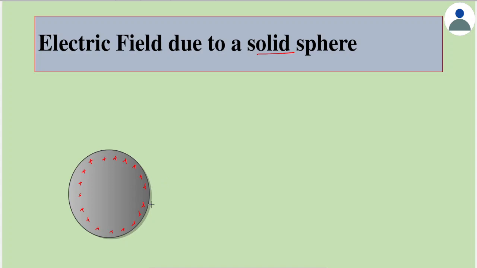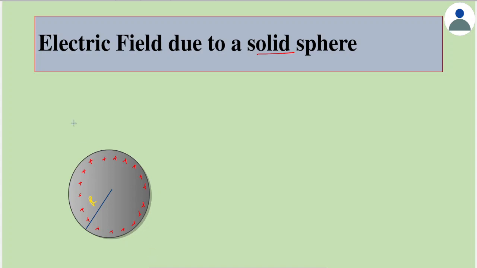Let its radius be some capital R, and we need to find the electric field at three points, same as in the previous case: a point outside the sphere, a point on the sphere, and a point inside the sphere.